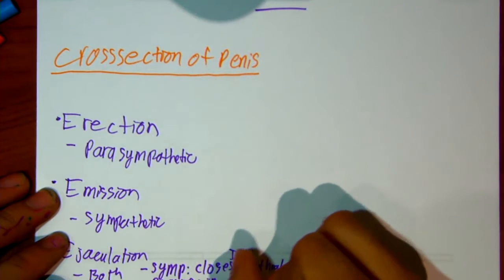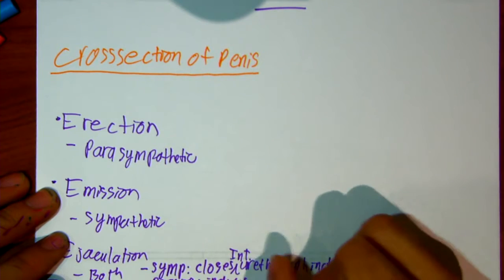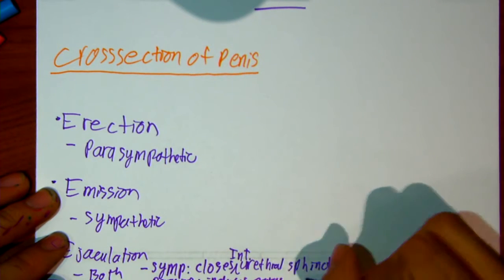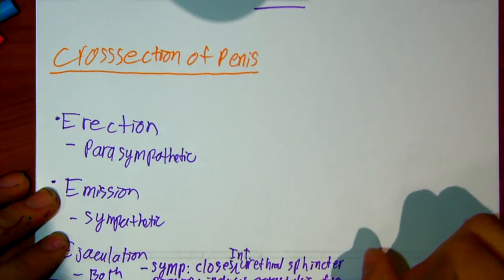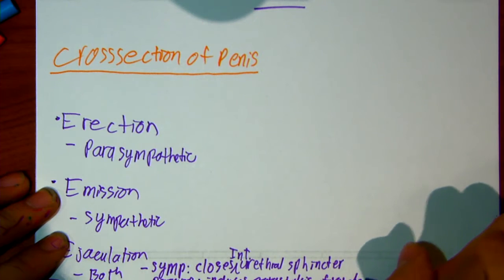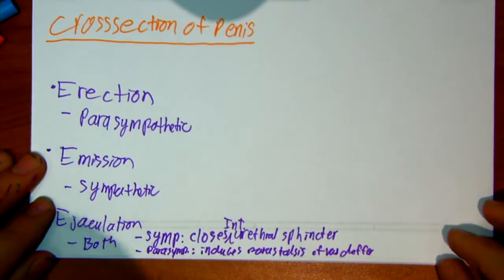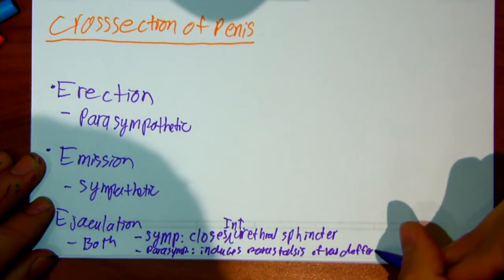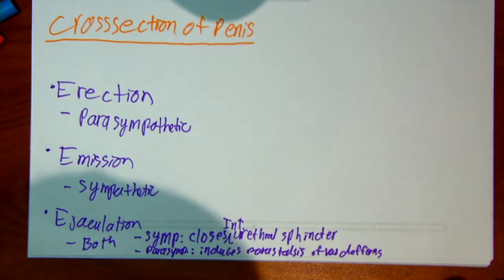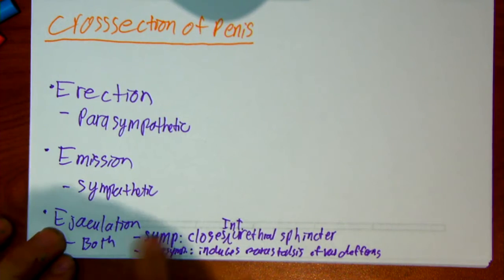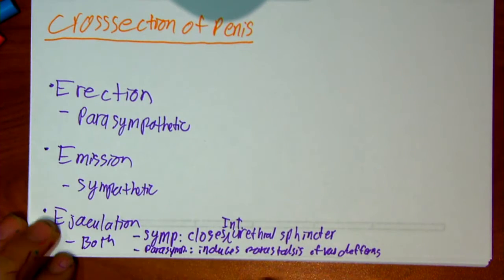Parasympathetic induces peristalsis of vas deferens. Yeah, but you won't need to know this much detail. This just helps you guys realize how they kind of coexist.